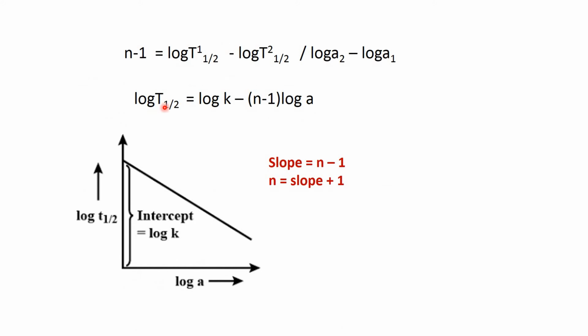Then this equation becomes y is equal to mx plus c, where m is n minus 1 and x is log A, and the slope is negative. So you will get a straight line with an intercept on the y-axis, and the slope will be n minus 1. From the slope, you can calculate the order.